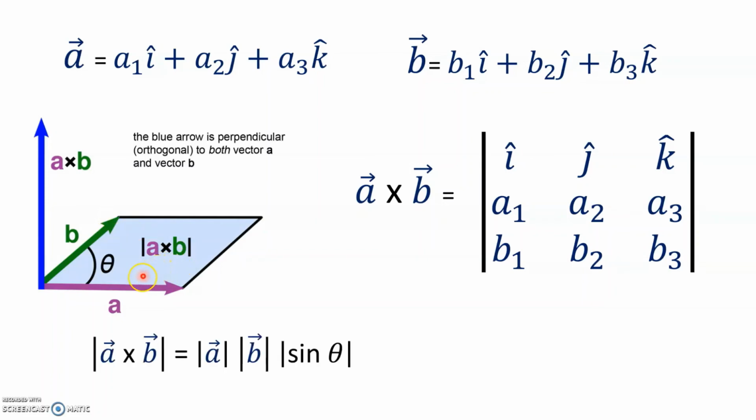And it can be further expressed as the magnitude of A cross B is equal to the magnitude of A times the magnitude of B times the absolute value of sine theta. So that's our definition for the cross product and the magnitude of the cross product.